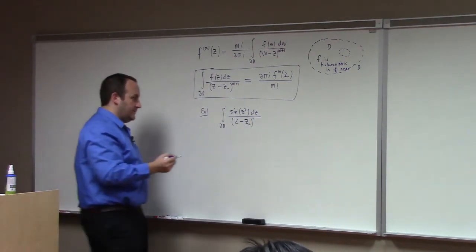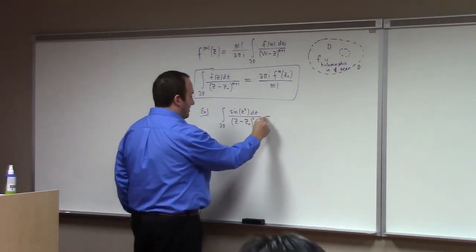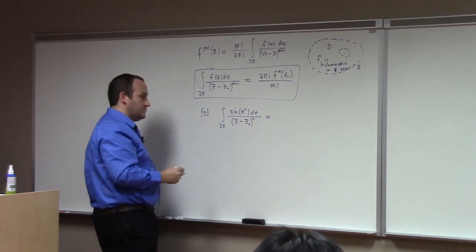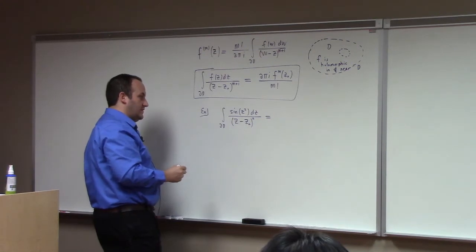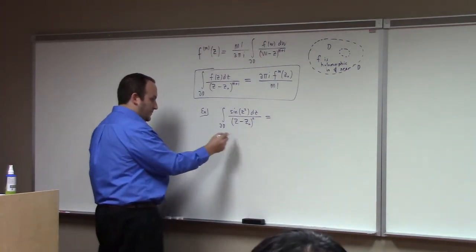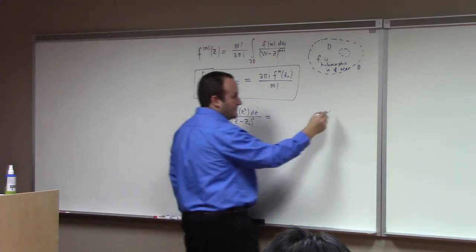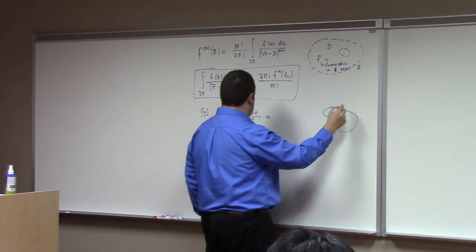There's two cases. Let's say case 1 would be something like, I'll draw it over here. D looks like this, and say z naught's out here.